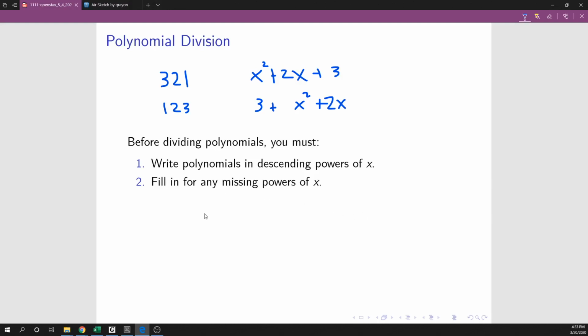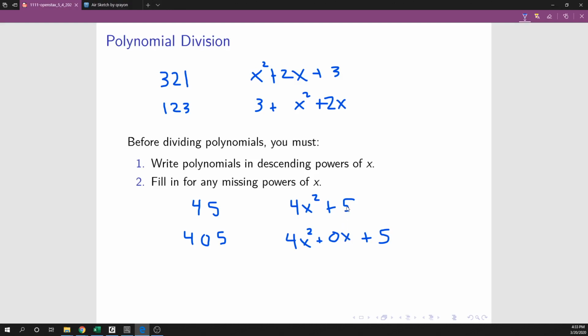The second thing is to fill in for any missing powers of x. Let's say with numbers, if I had 45 and 405, those are two totally different numbers in our system. But in algebra, if I had 4x squared plus 5 and 4x squared plus 0x plus 5, those are the same polynomial.